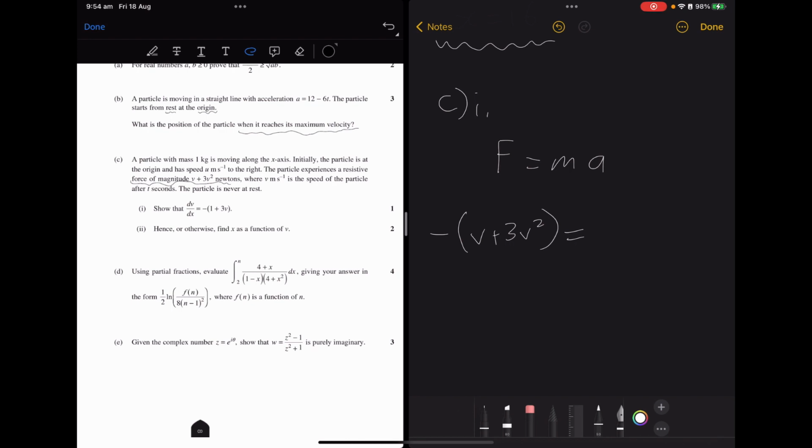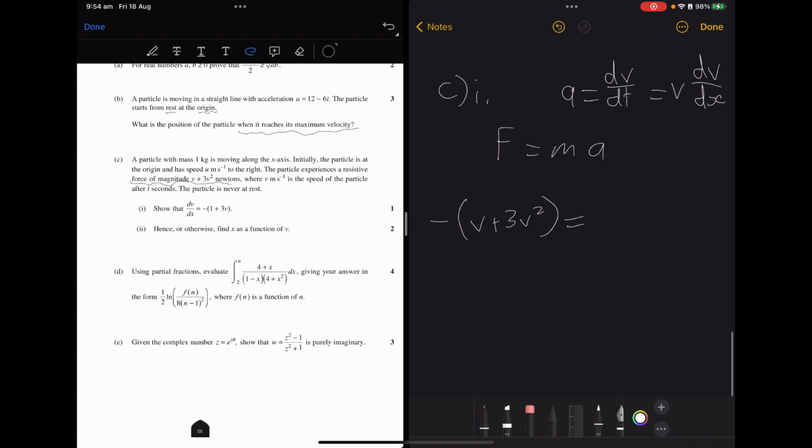You should also know that acceleration can be written as dv over dt or v times dv over dx. These are the two equations you can use for acceleration, and which one you use depends on the situation. Here, we have a dv over dx, which makes it obvious we're going to choose v dv over dx. So mass is 1, and 1 times v dv over dx is just v dv over dx.